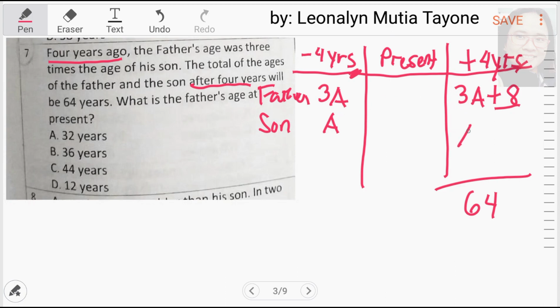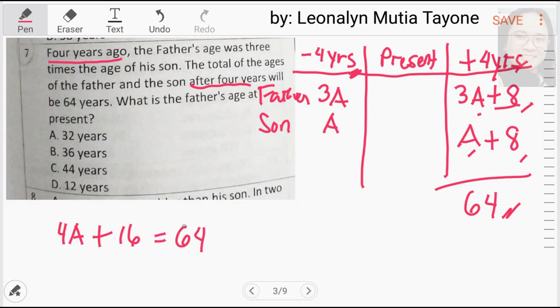Ang edad ni son ay A plus 8. Kung i-add mo ang edad ni father at saka ni son, ang total niyan ay 64. Ngayon, isolve natin ang value ni A. 3A plus A, same terms, that is 4A plus 8 equals 16, equals 64.